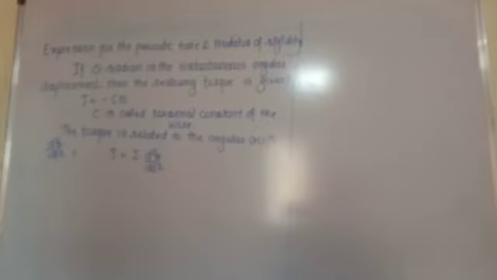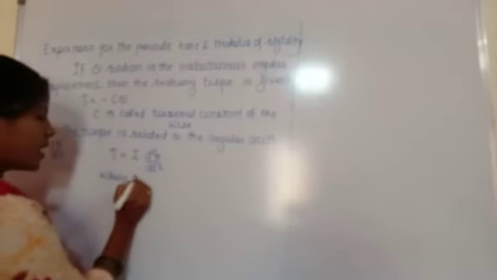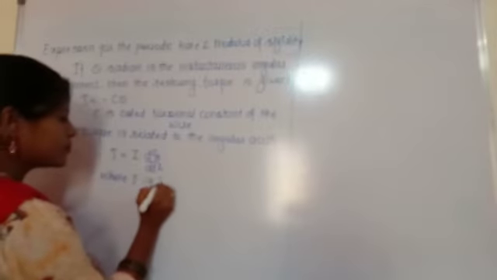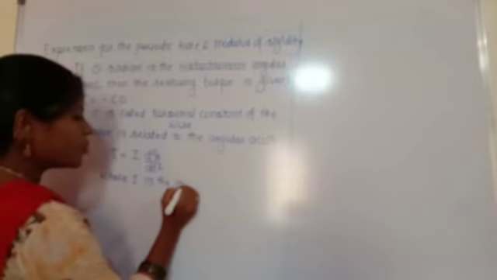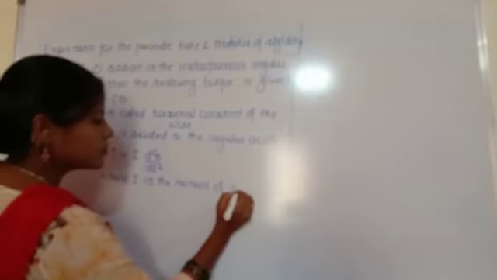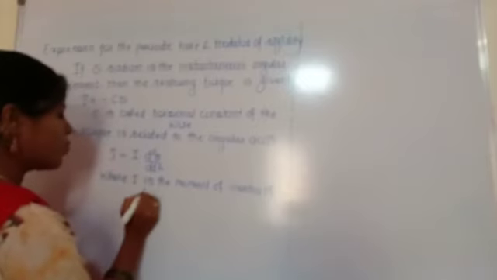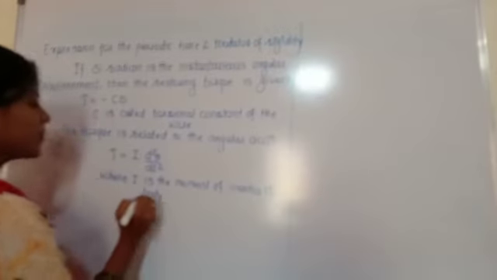Where I is the moment of inertia of the body about the axis of rotation.